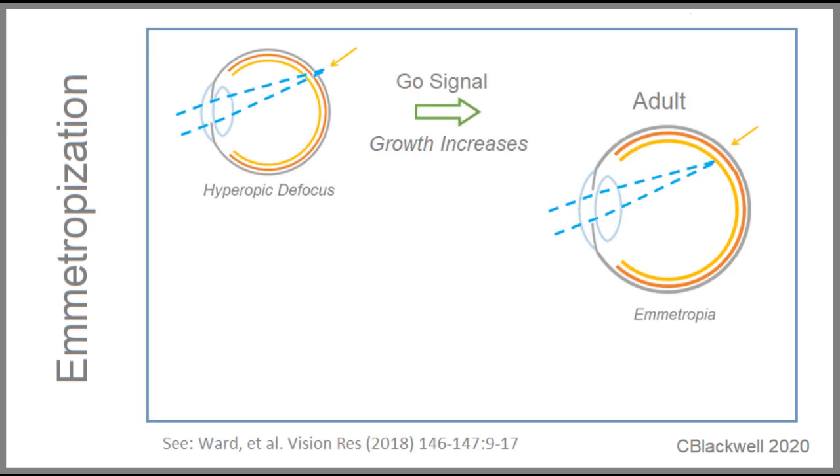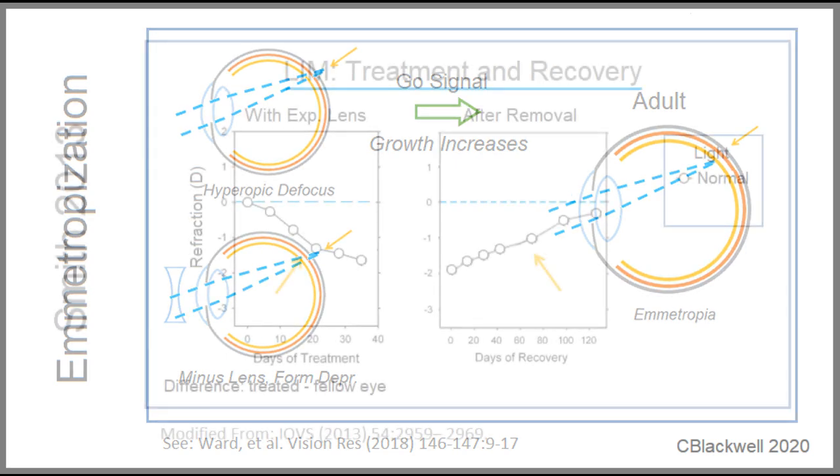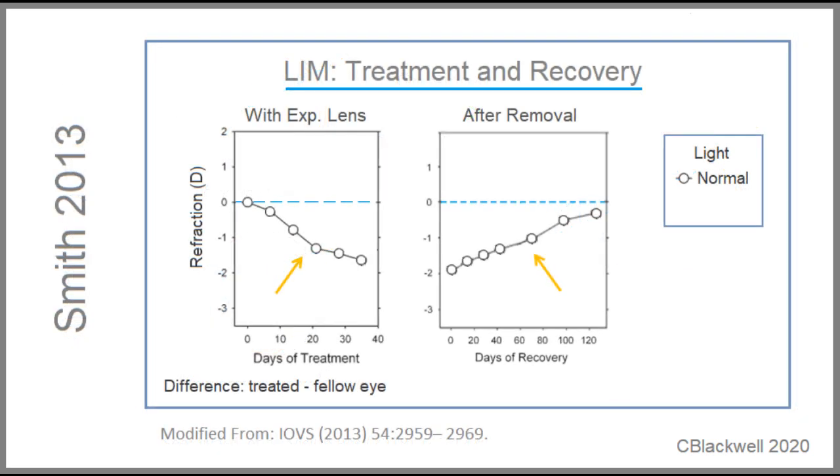In the growing eye with hyperopic defocus, the eye generates a go signal for increase in length. The same go signal can be triggered by using a minus lens to induce hyperopic defocus or by form deprivation. If the minus lens is removed, there is a recovery phase of slowed growth, returning toward emmetropia.